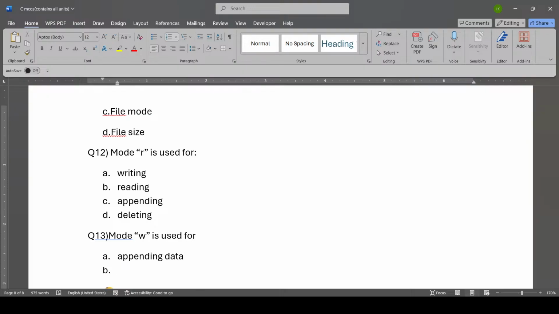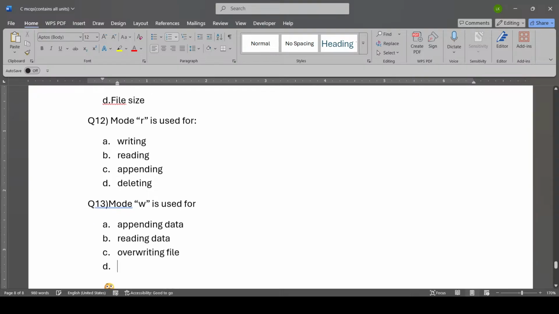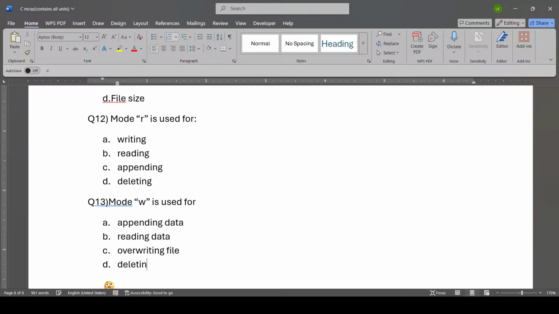B. Reading data. C. Overwriting file. D. Deleting the file permanently.